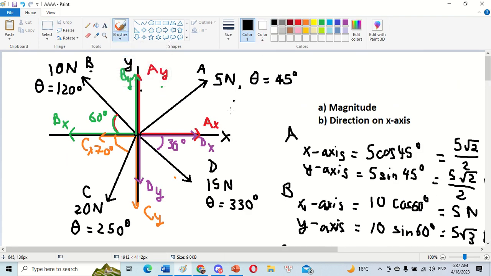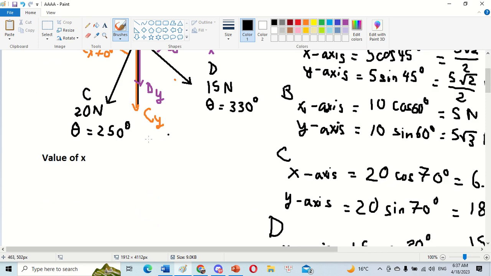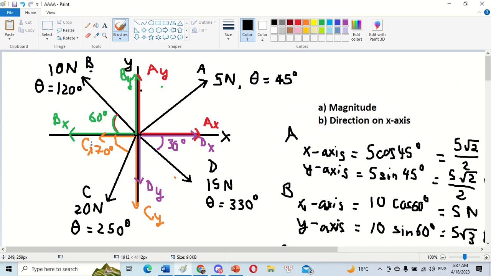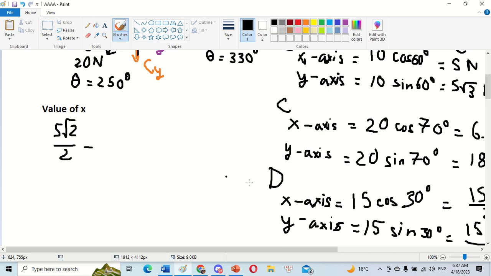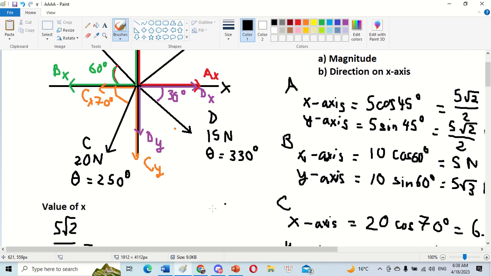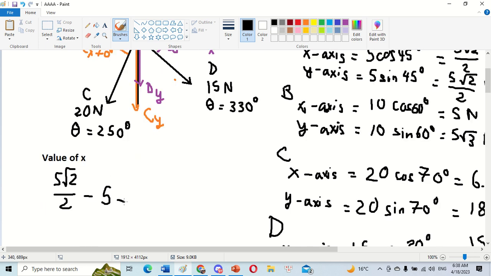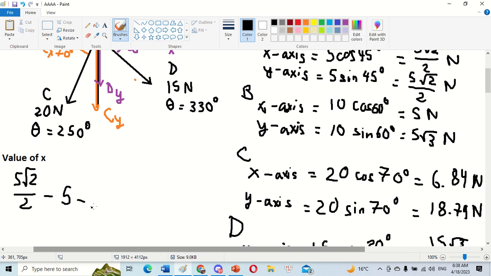So we have ax that is about number 5 with the square root of number 2 over number 2. B and C, they are opposite of vector A, so that should be negative. So B that is about number 5. C that is about 6.84.